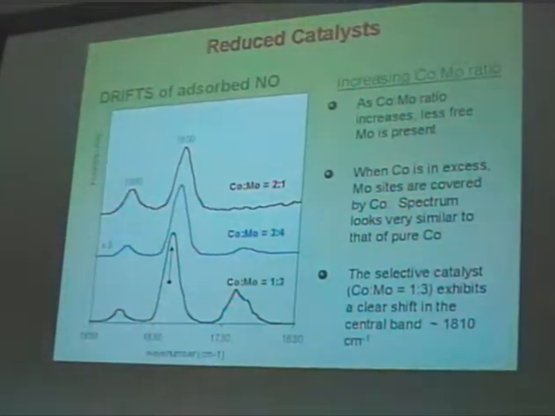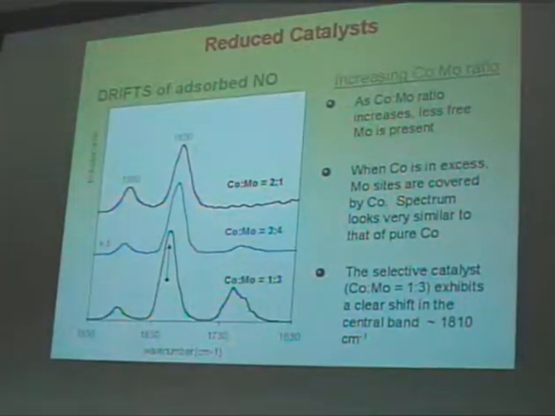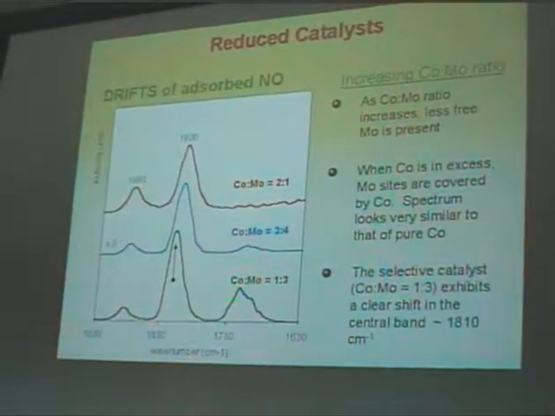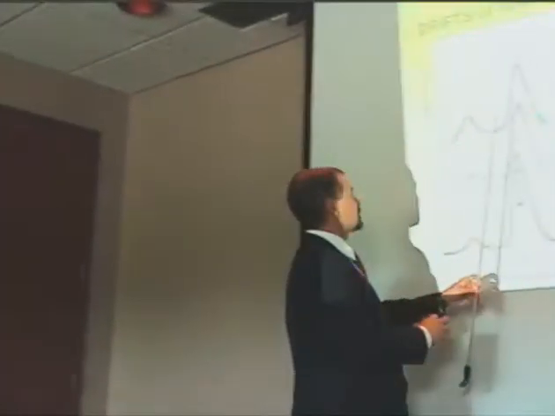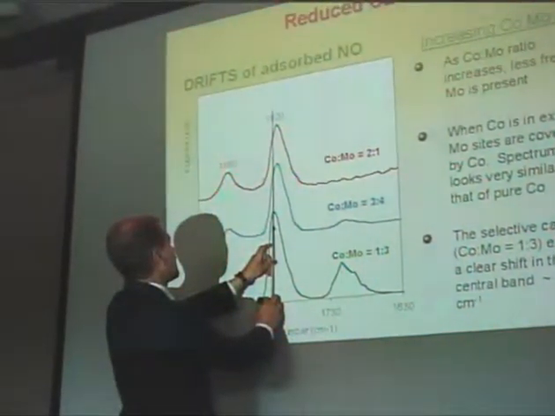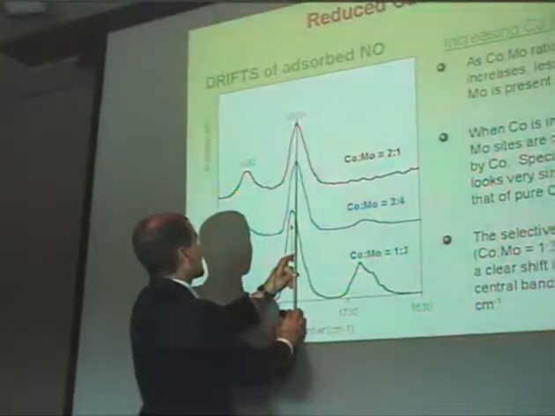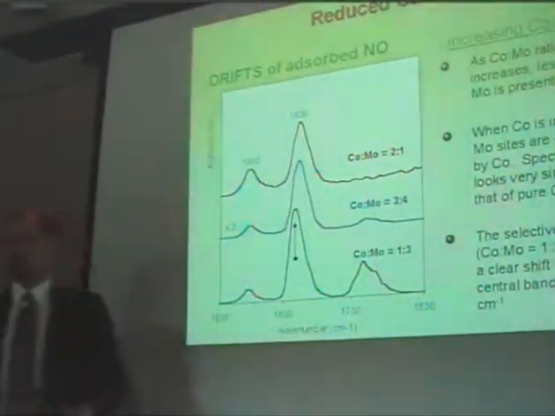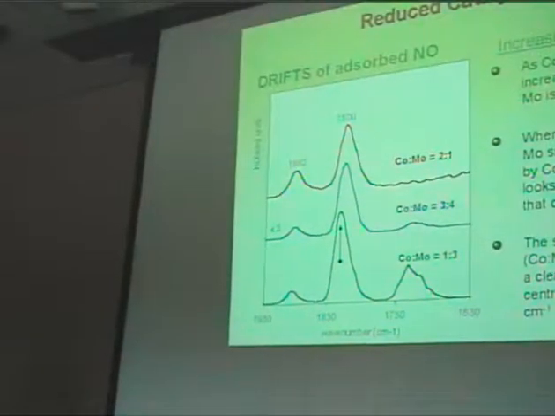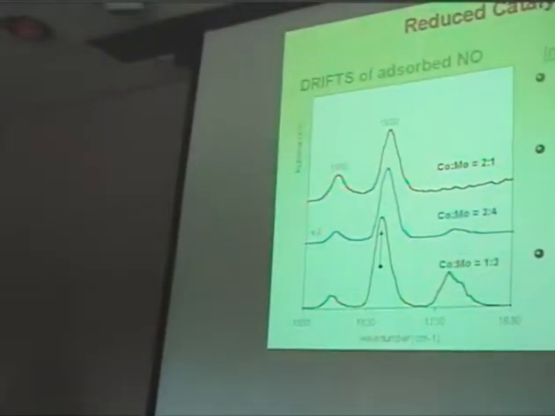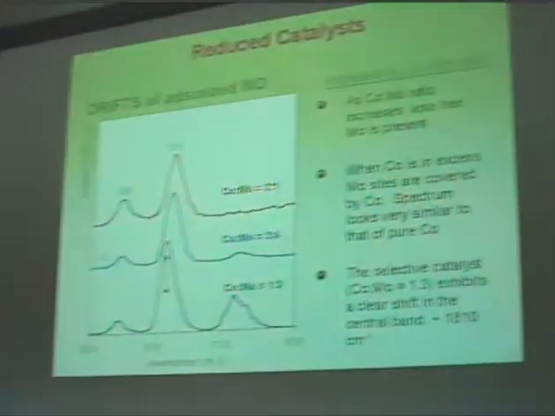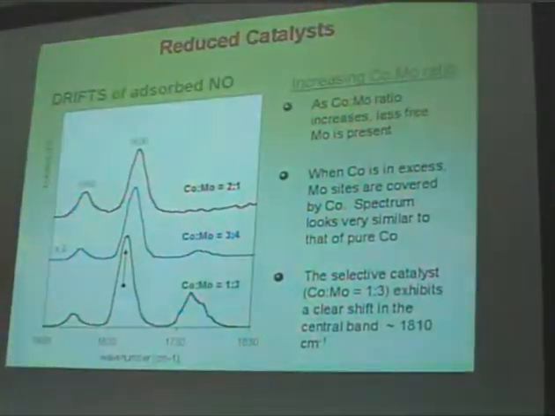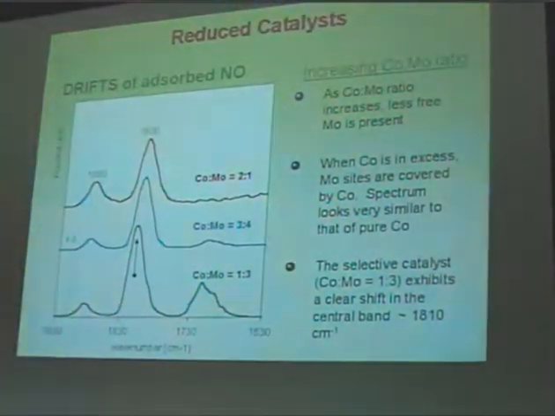It forms a cobalt molybdate. When you have so much cobalt that you actually cover all the molybdate, you observe a clear shift between here and there, and that's exactly the same position that we observed before for pure cobalt. So moly is able to stabilize cobalt up to a certain level. After that, cobalt starts becoming cobalt oxide, a separate phase.